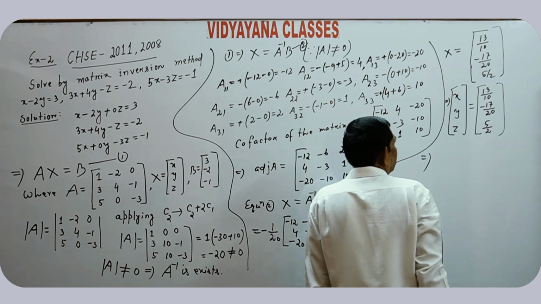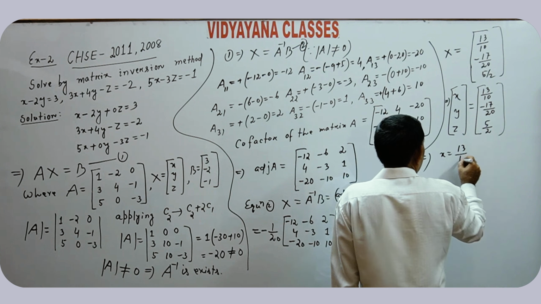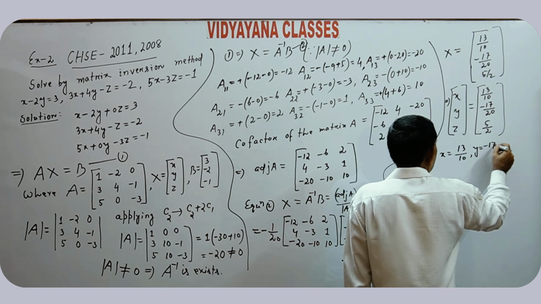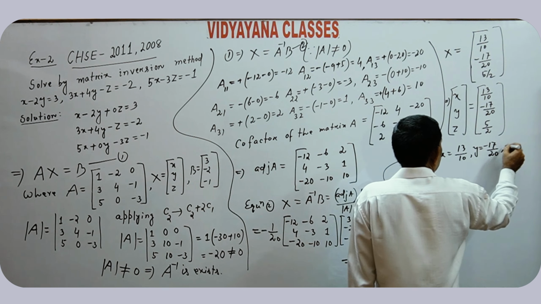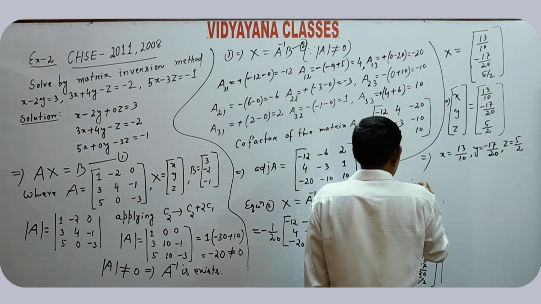Implies x is equal to 13 by 10, y is equal to minus 17 by 20, z is equal to 5 by 2.